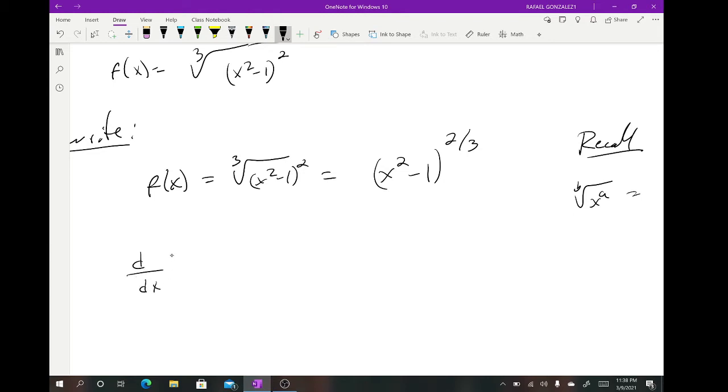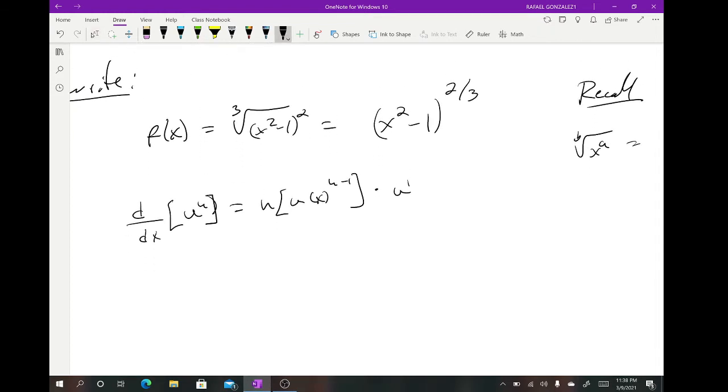That's d dx of u to the n is equal to n times u to the power n minus 1 times u prime, the derivative of the inside. Alright, so let's find out what u is. u here is going to be the inside function, which is the parabola x squared minus 1.